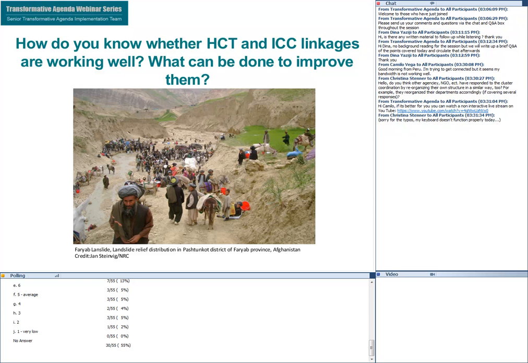Practically, what does it mean to have an efficient link between the two? Well, it's quite simple.